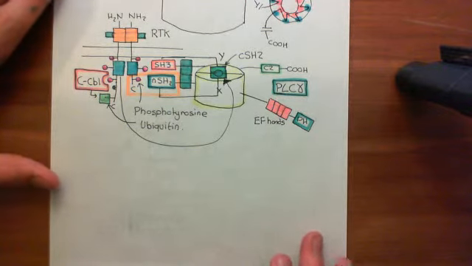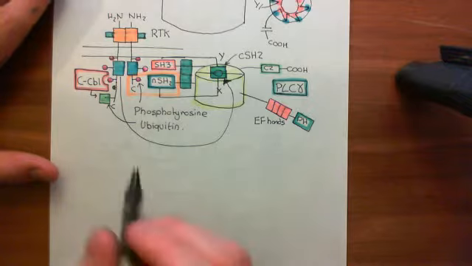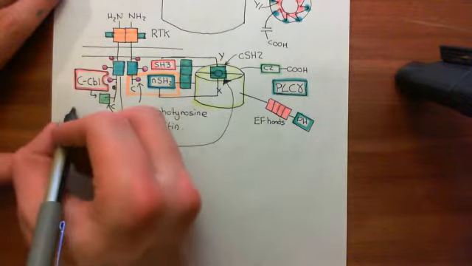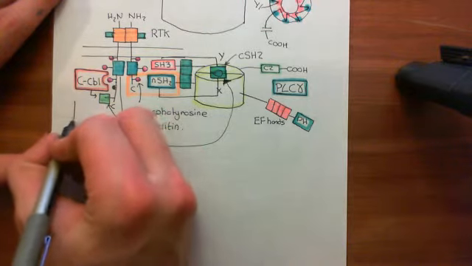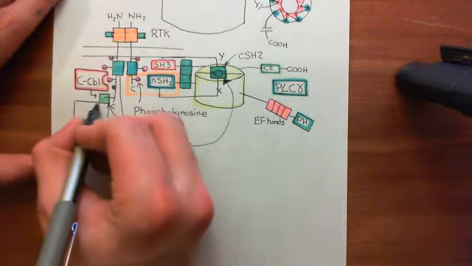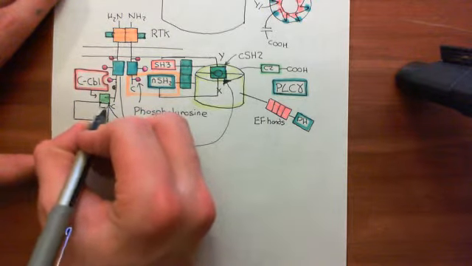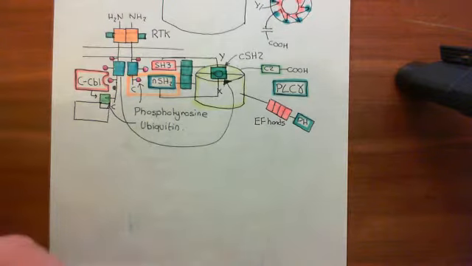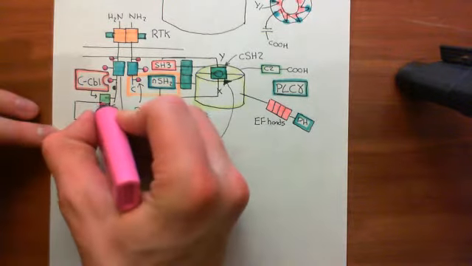Now, what's going to happen is another protein is going to come and bind to this ubiquitin group that we've got now attached onto our receptor tyrosine kinase here. So here it comes, binds on here, and to do this it has to have a special domain which is known as a ubiquitin interaction motif.